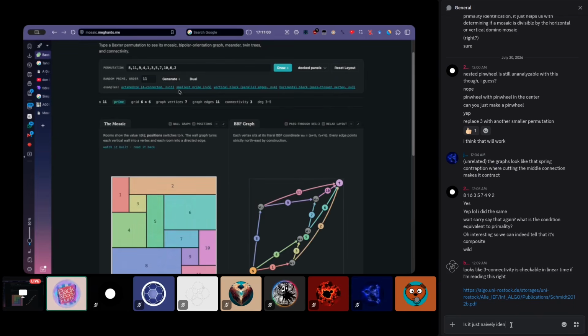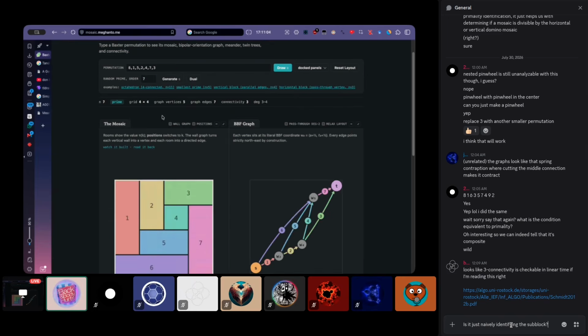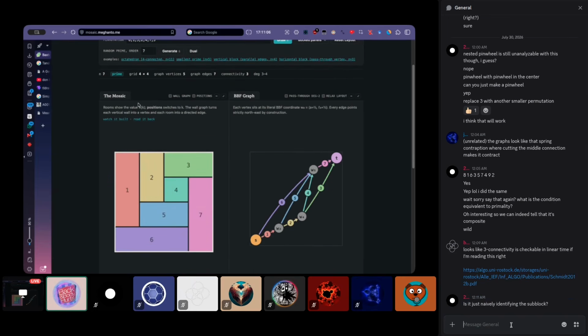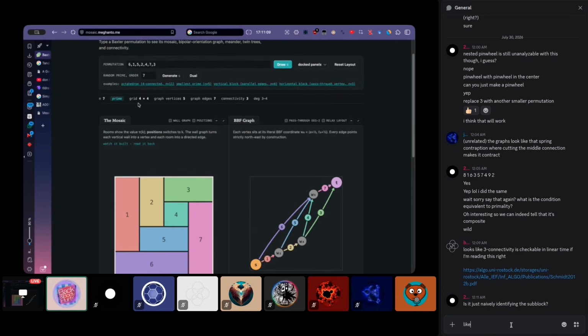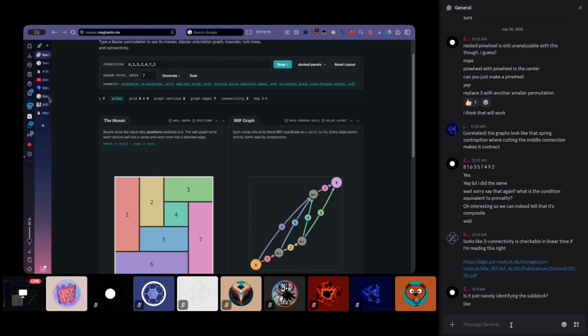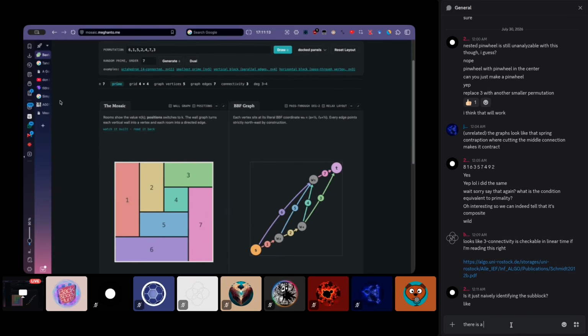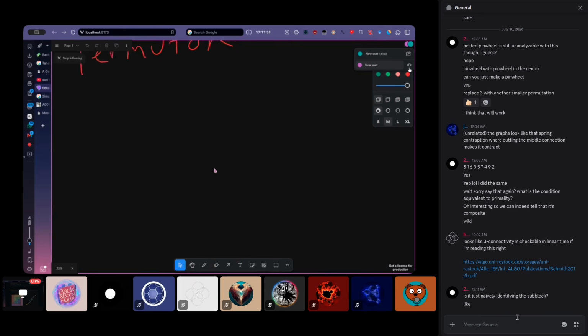Okay, let's just generate a 7 length prime, and then we can show the example of a simple permutation. 6152473. Yeah. No, it's not naively identifying the subblock. It's actually more interesting than that. Yeah, this is nice. Perfect.